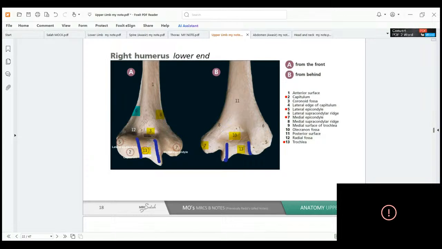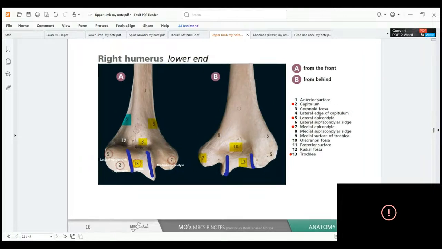So 13 trochlea, 5 lateral epicondyle, 7 medial epicondyle, 2 capitulum.